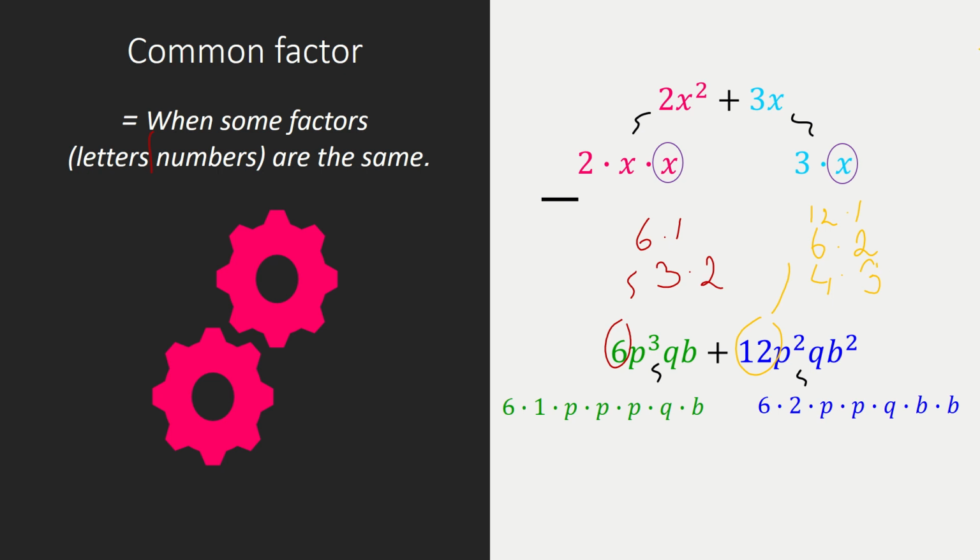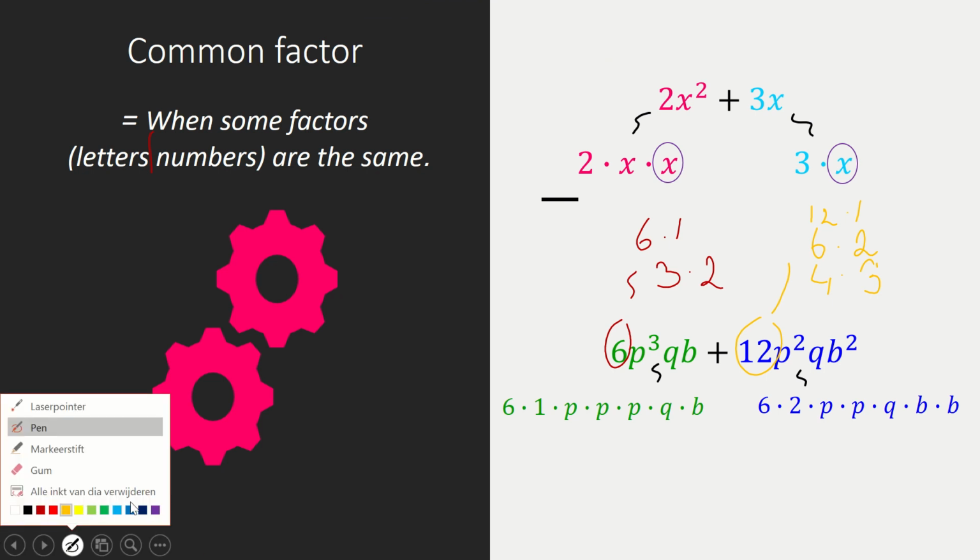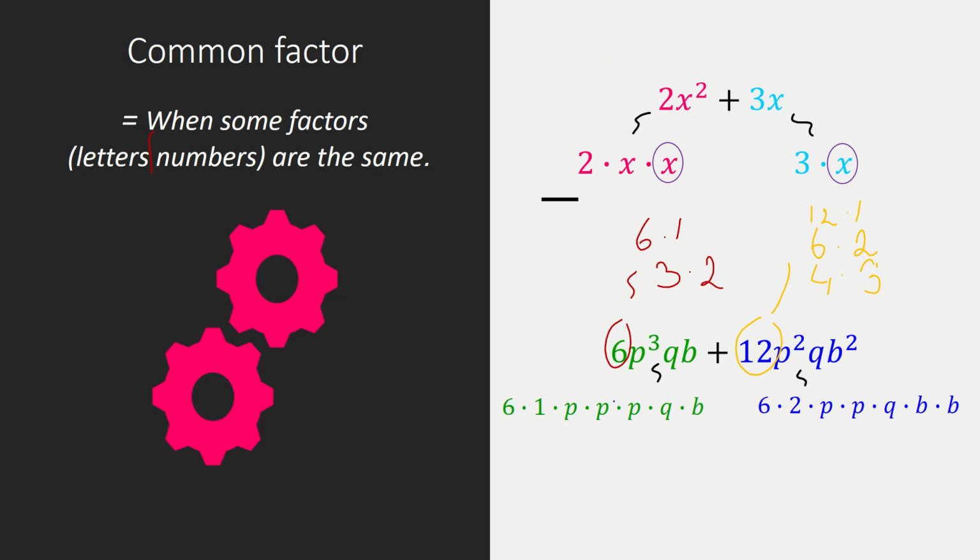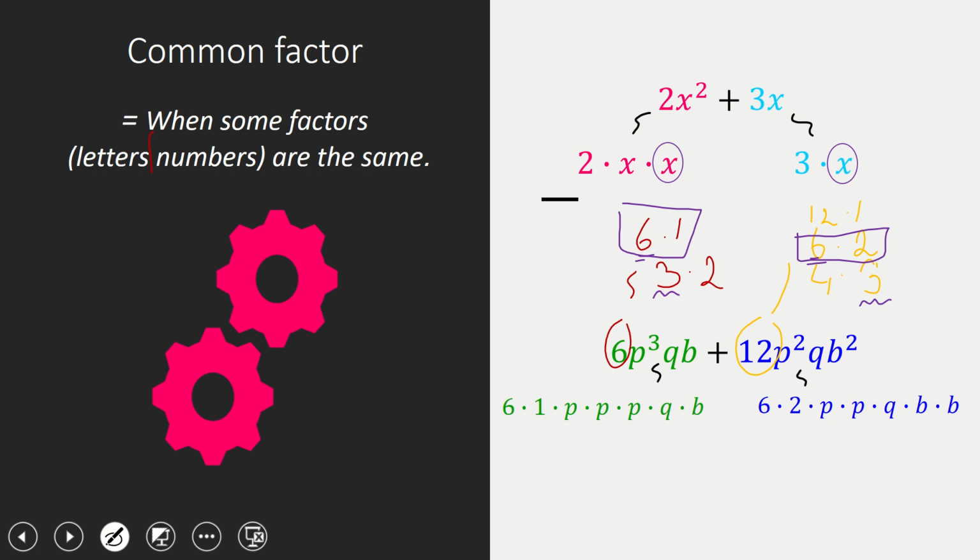And if you have this, it's really important to choose the one with the highest common factor. So I can see over here that there's a 6 and a 6 over there as well. There's also a 3 over here and a 3 over there, but that's not the highest one. The 6 is the highest. And that's why I chose to use the 6. So we've got this and that.